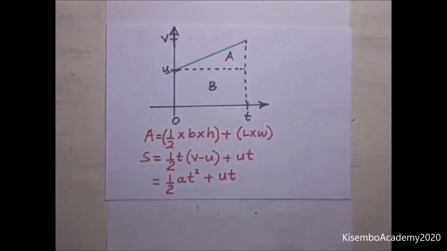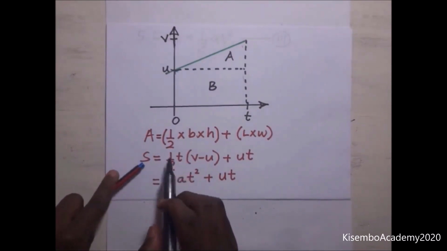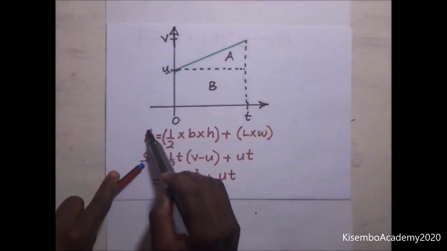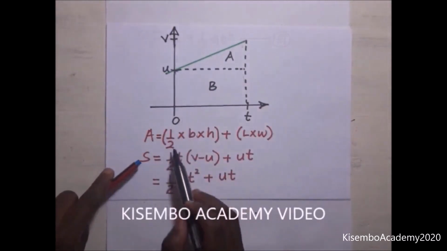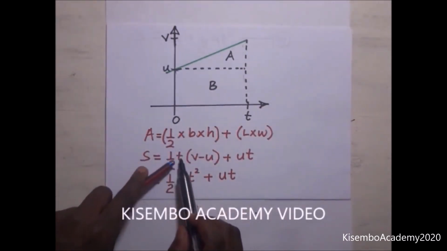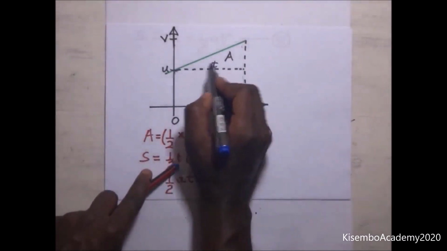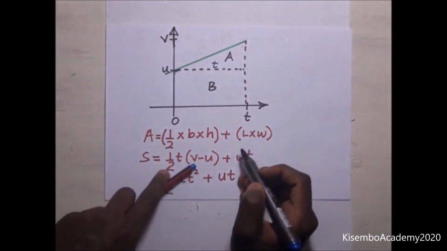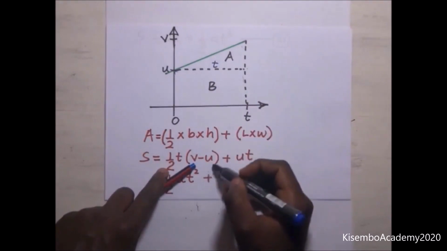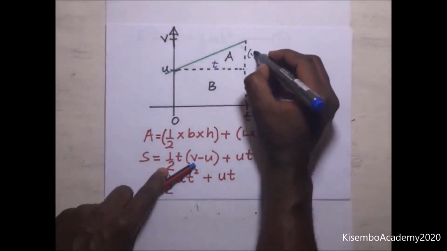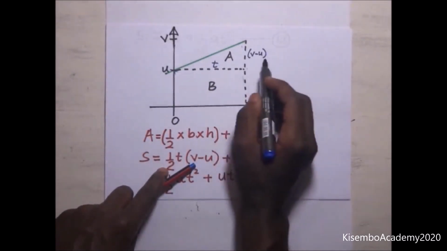In this case, because the area under this graph is the distance, the distance s is going to be a half times base, and the base here is t, times height. The height here is v minus u. Where is the v minus u coming from?